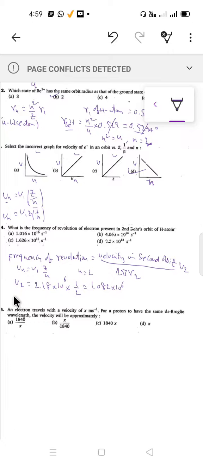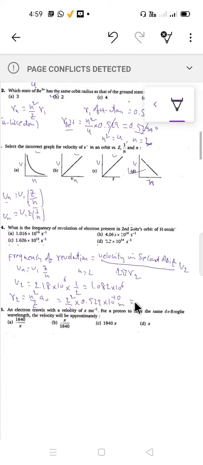Then what about r2? r2 is equal to n square by Z into a naught. From this we know 2 square by 1 into a naught value 0.529 into 10 to the power of minus 10 meters.